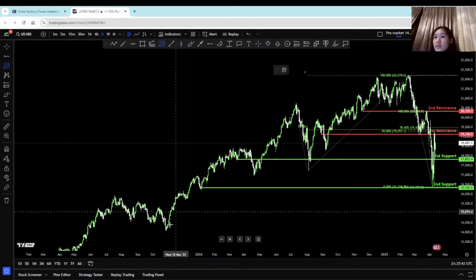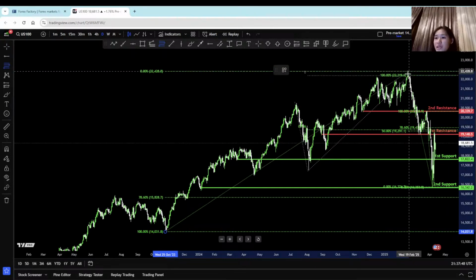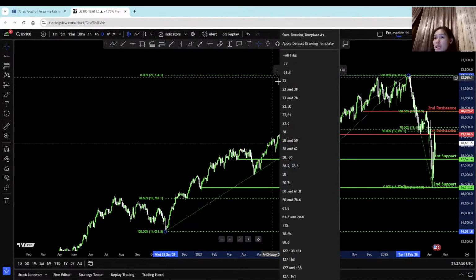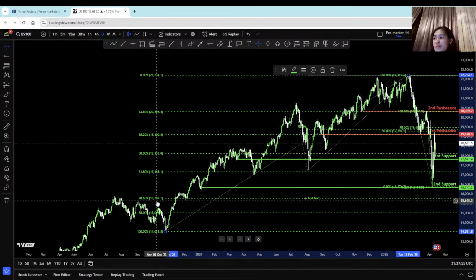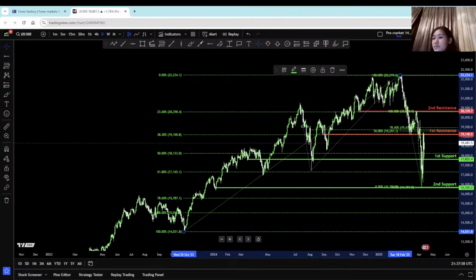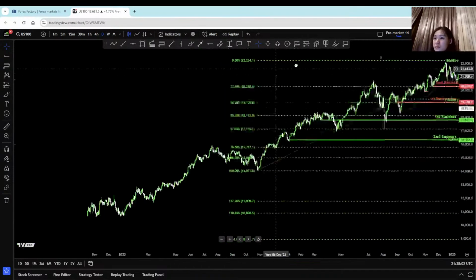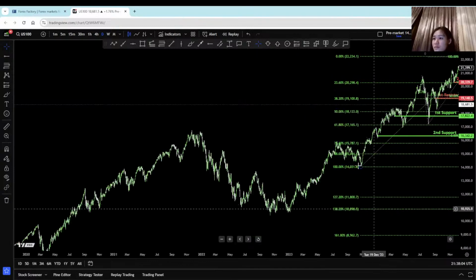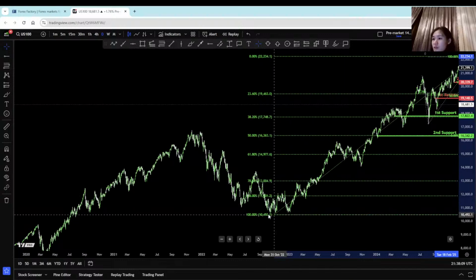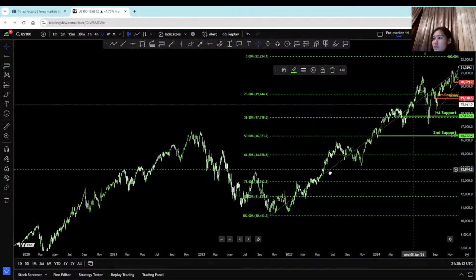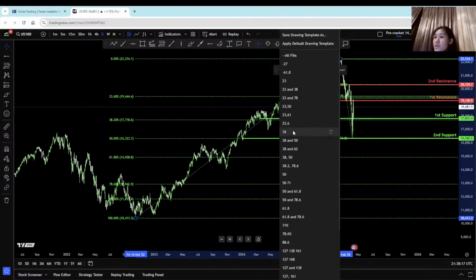Let me just find some Fibonacci levels to line up with that. Okay, we can go all the way down for a retracement, and you can see that 50% lines up nicely. So I'll keep that 50.